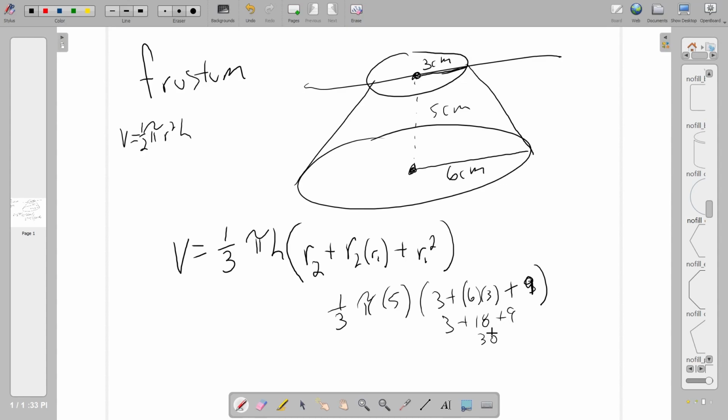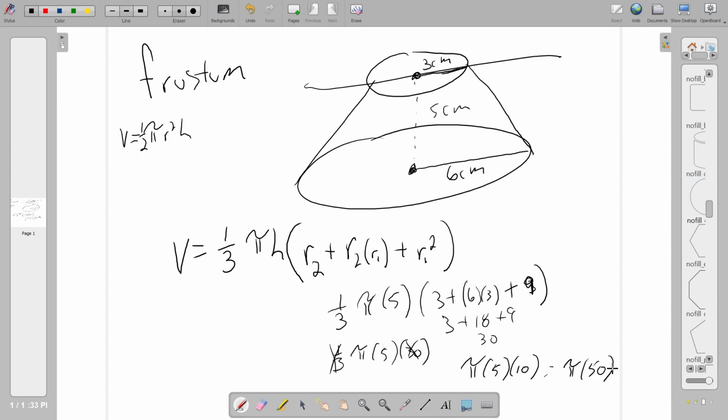Okay. So it's going to be 1/3 pi 5 30. Well, 1/3 of 30 is 10. So I'm just going to get rid of that. Pi times 5 times 10 equals pi times 50.